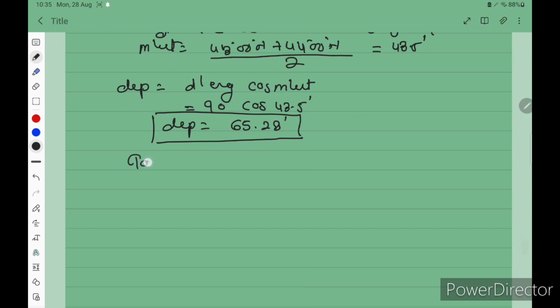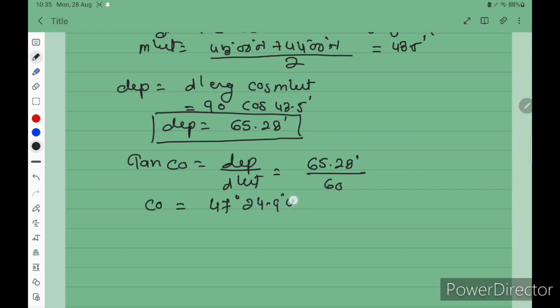Then we have to find the course. Tan course, we know the formula, departure upon D lat. We already studied it in the second mate and phase 1, the rhumb line course. So put the value 65.28 divided by 60, take tan inverse, and we get the value of 47 degrees 24.9 west. This is our course, north west.